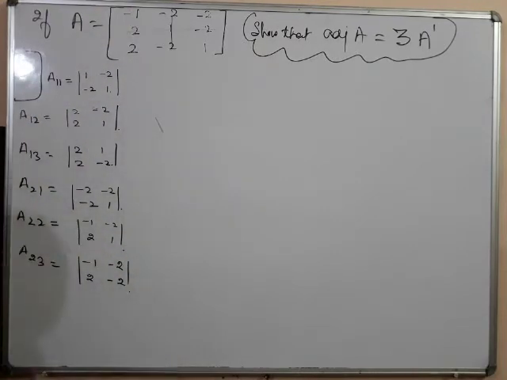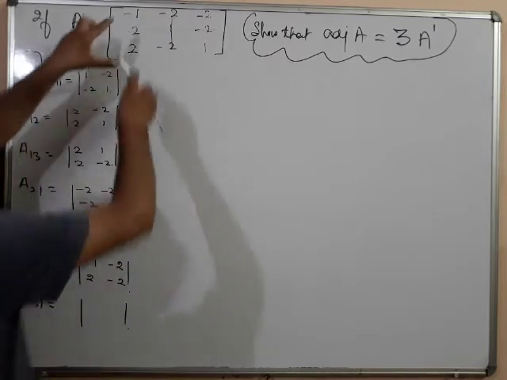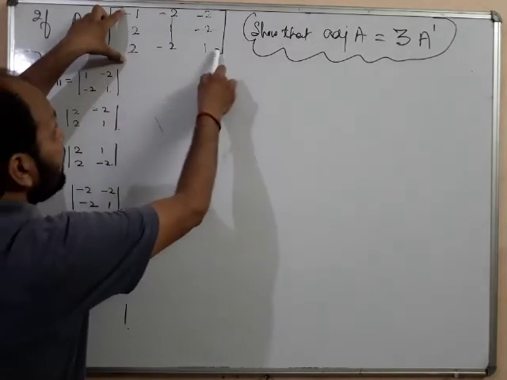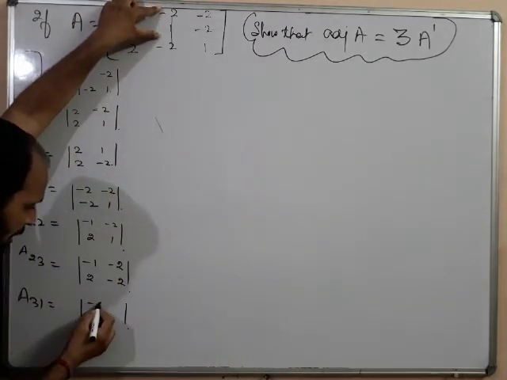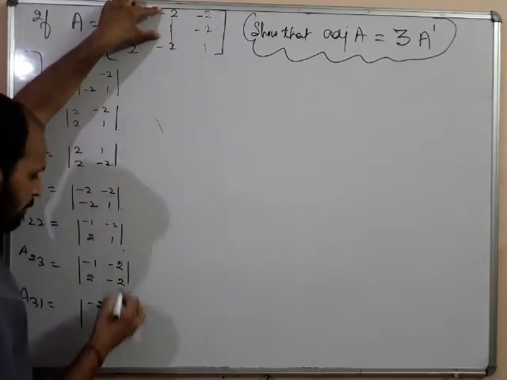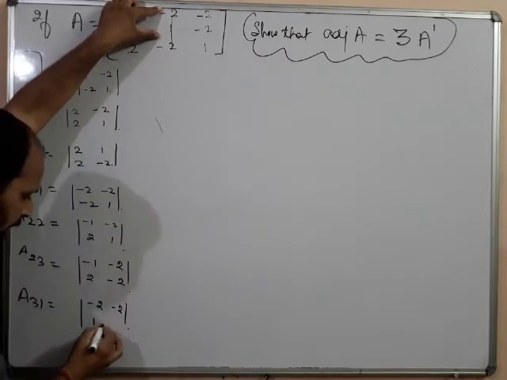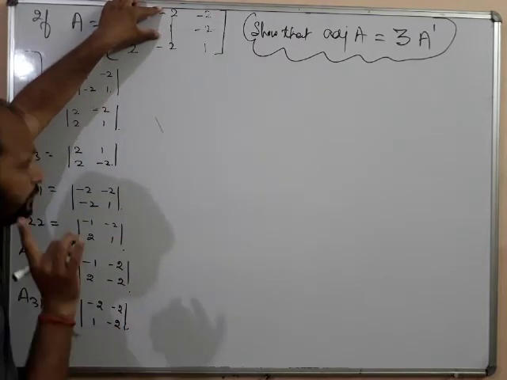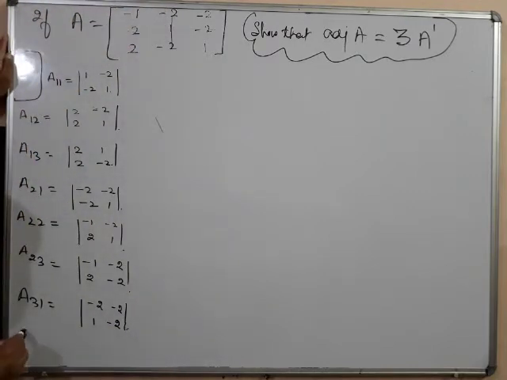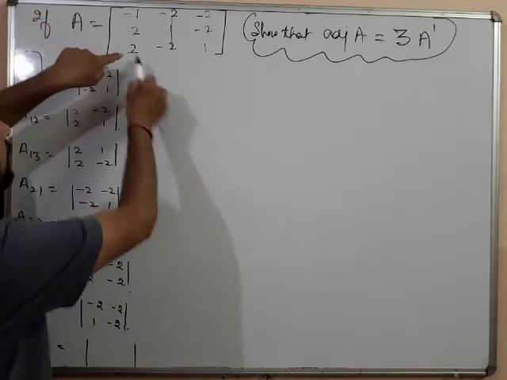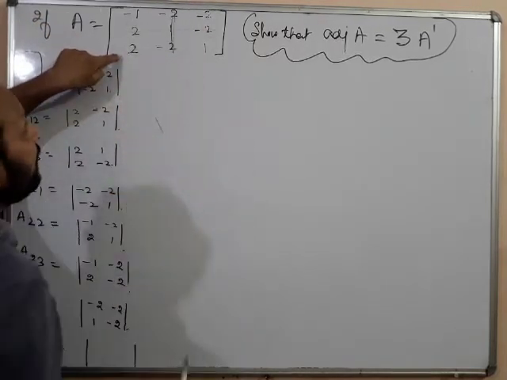Now A31 will be this deleted and this deleted. We will get here minus 2, 1 and minus 2. Clear? And A32, this and this will be deleted.